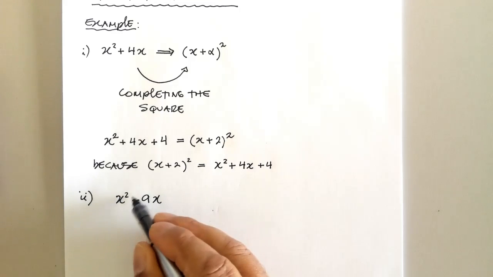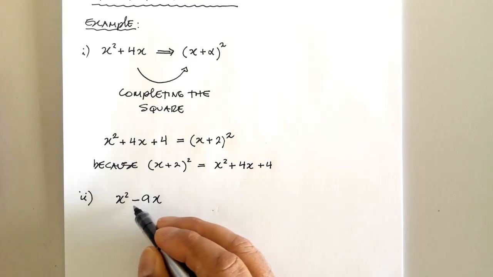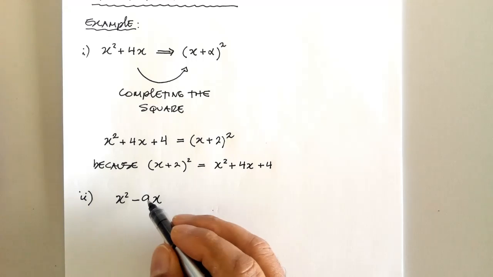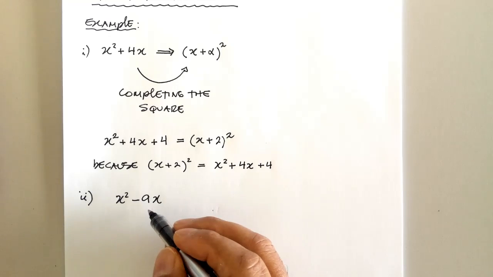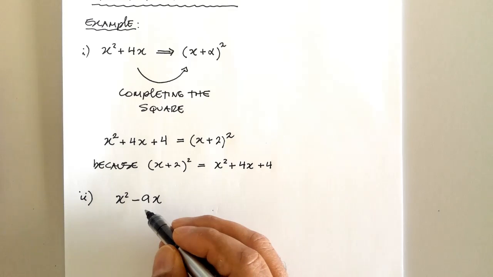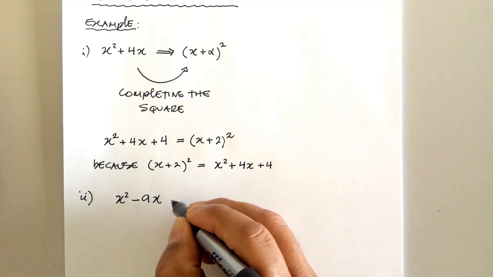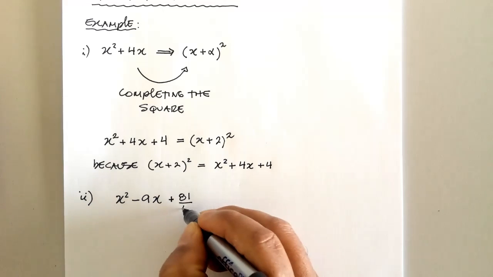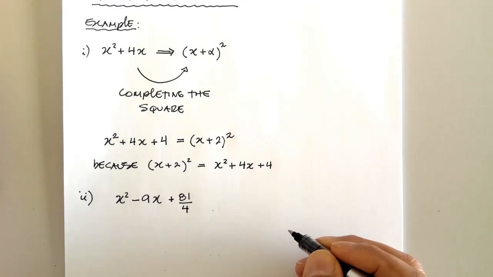We divide this by 2, which is negative 9 over 2, and then we square that. If you square negative 9 over 2, the answer is going to be plus 81 over 4.